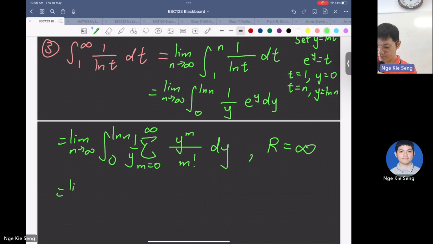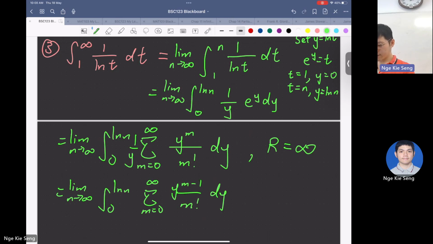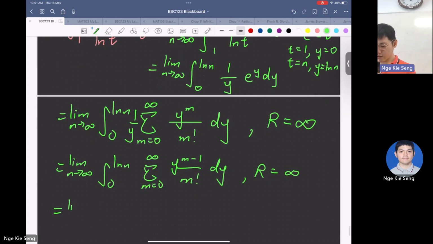So what's this here? We can simplify our series here, which is the sum of y to the m minus 1 over m factorial, dy. If you are a little bit uneasy with this notation, you can always split your sum out.